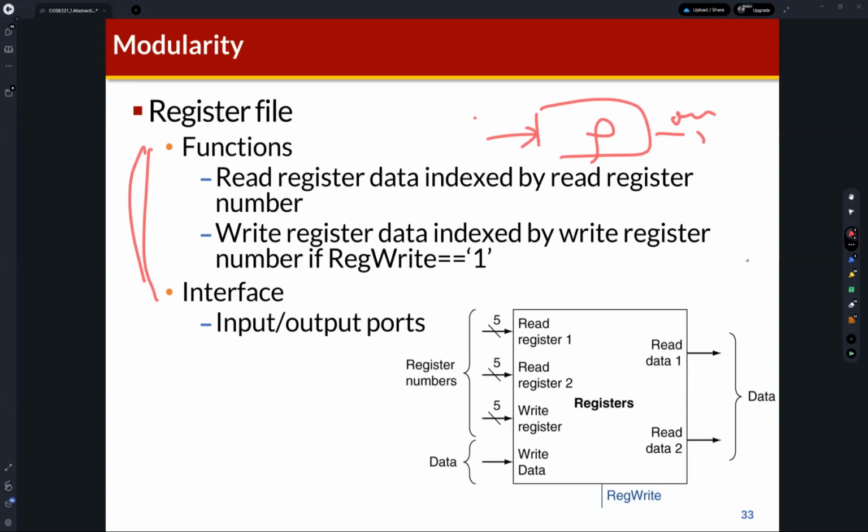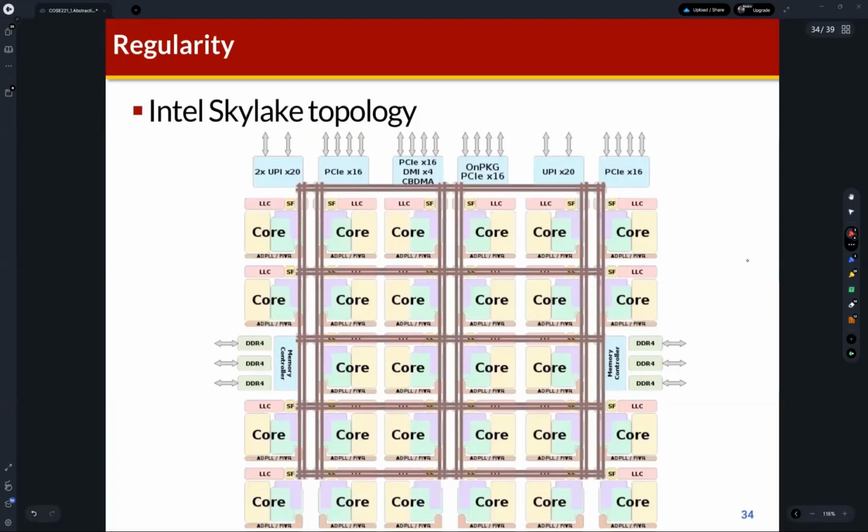This is an example of modularity. We can design a simple module, and then combine these modules like Lego blocks, so we can build a very, very complex system.